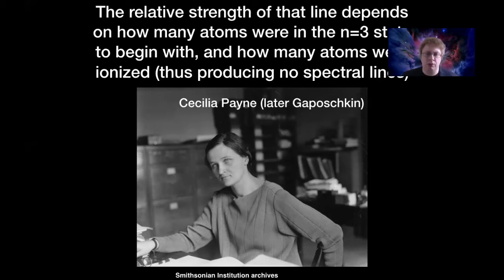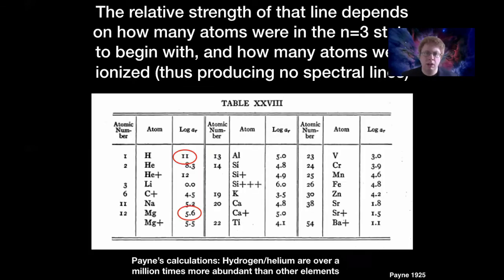And that was what Cecilia's calculations mostly focused on. So her PhD thesis gave this table to show the relative strengths of all these elements. She calculated, as a function of the temperature of the star, how many electrons should be in different states and different energy levels, how often we should expect to find them there.